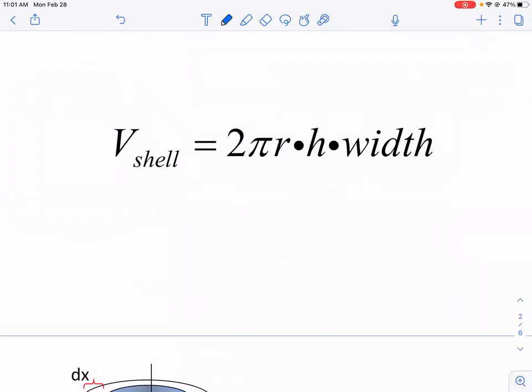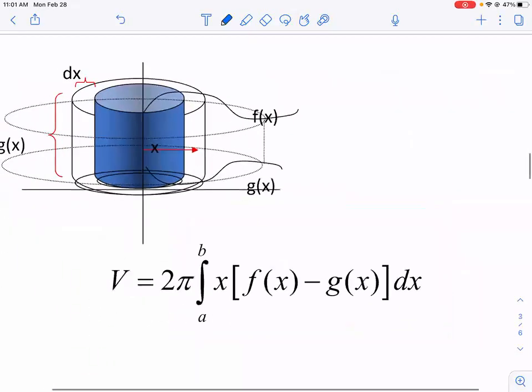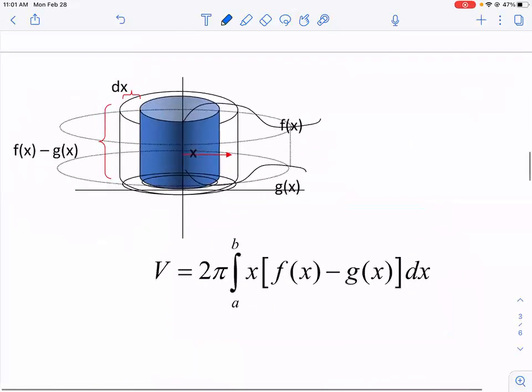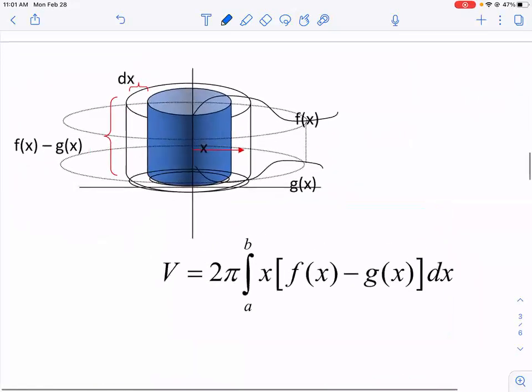So this is what's happening. The height of our cylinders is our top function minus bottom function.